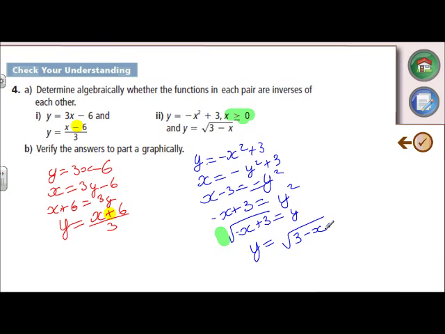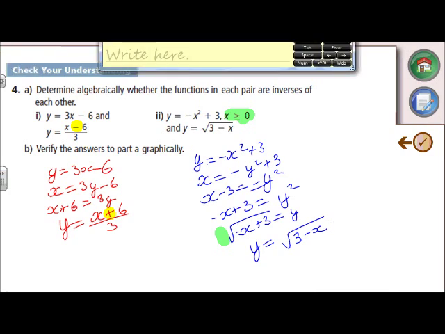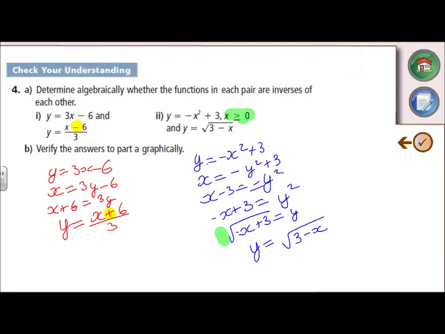Now, graphically doing these. The way that you can prove this graphically is by putting in your first equation, y1, and putting in your second equation, y2. So graph the first one, y1, graph the second one, y2.